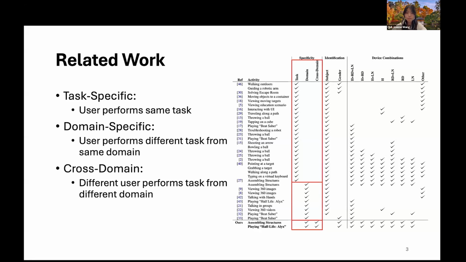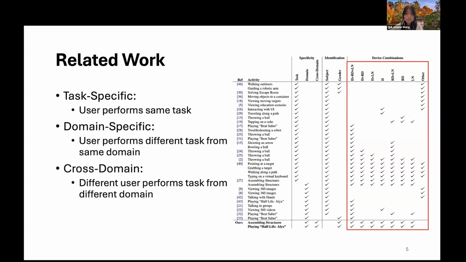At the very bottom here, we see our paper in which we conduct experiments that are cross-domain, which are trained on users performing different tasks from different domains. We also observe here that while many have investigated personal identifiability shown in the subject column, fewer have targeted identifying gender as the user attribute. And finally, we see that our in-depth device combination exploration builds upon an already rich body of work in the field.